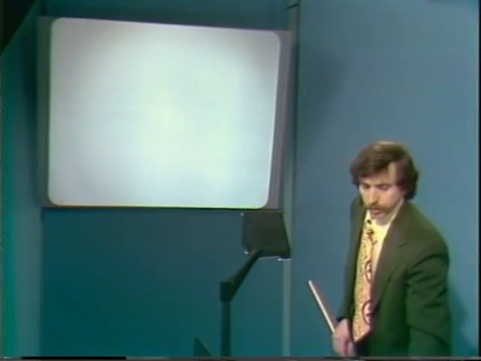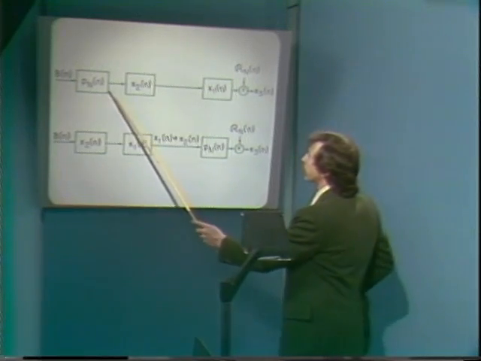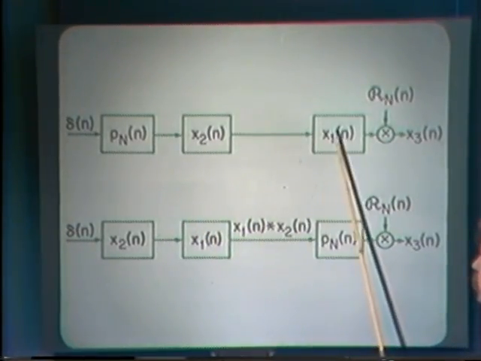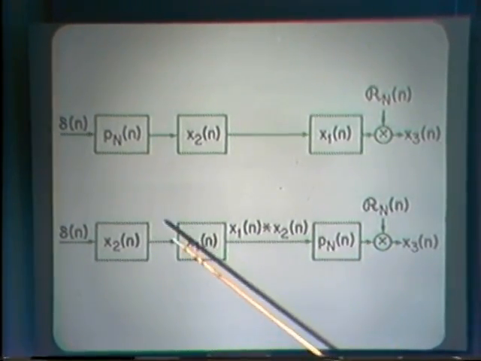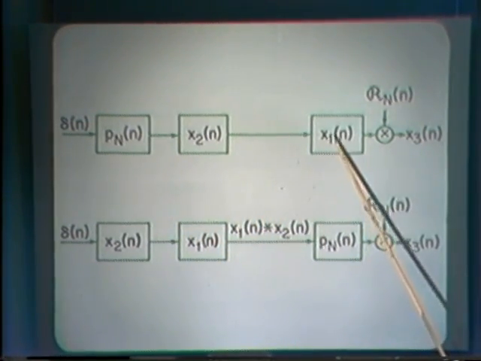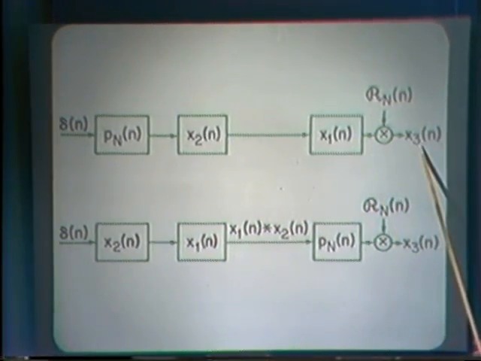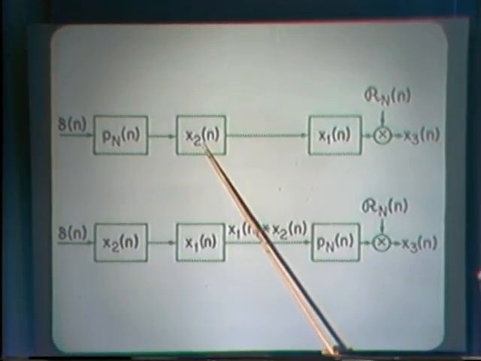In particular, let's look at these systems cascaded as they are here. So we have then the cascade of these three systems to generate the circular convolution, which is x3 of n, the circular convolution of x1 of n and x2 of n.